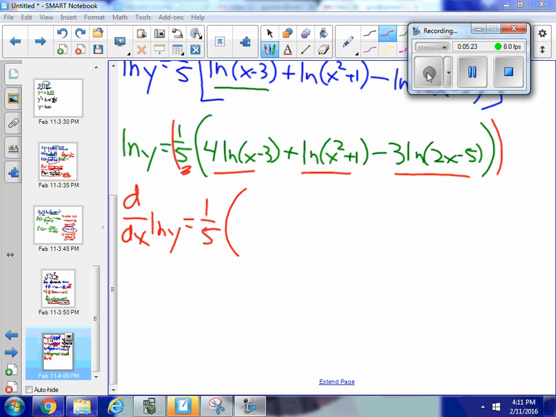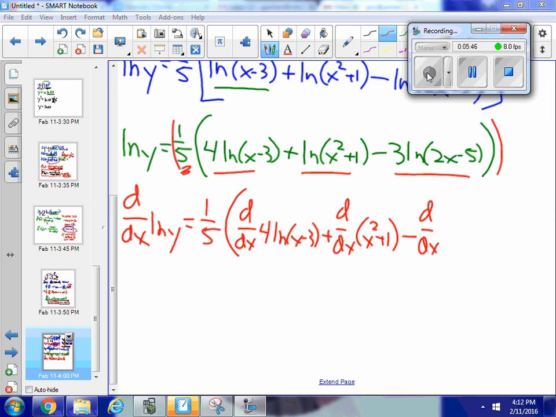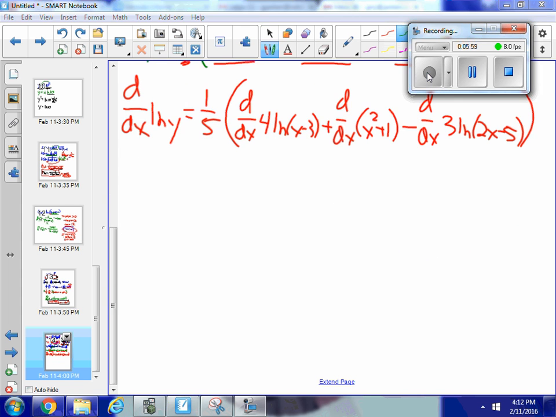So 1/5 times the derivative with respect to x of 4 ln(x − 3), plus the derivative with respect to x of ln(x² + 1), minus the derivative with respect to x of 3 ln(2x − 5). Now we're dividing and conquering. Let's see if we can't make this even better.